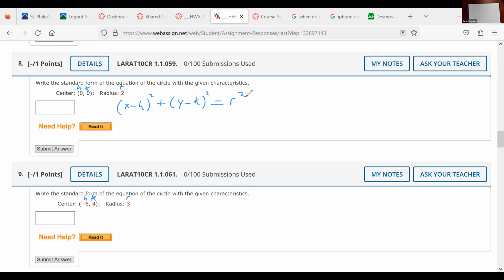So plug it in. This one's a little easier because there's zeros. So the formula would be this. Are there any issues with number 8? That's what they want.